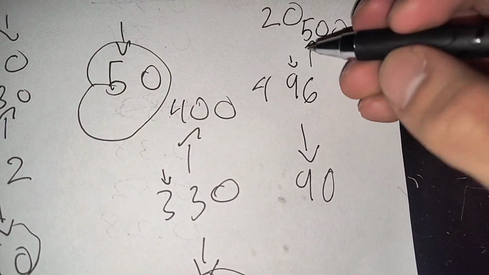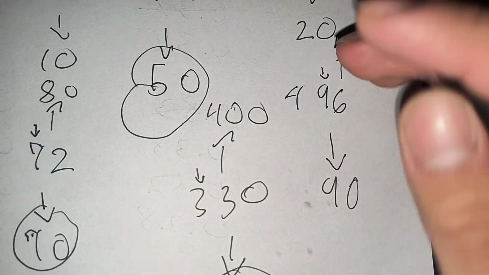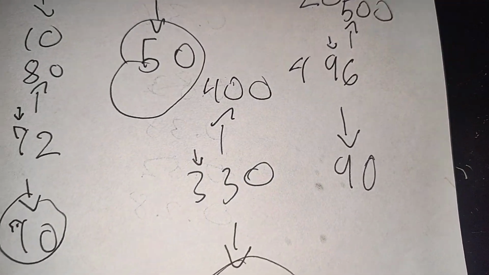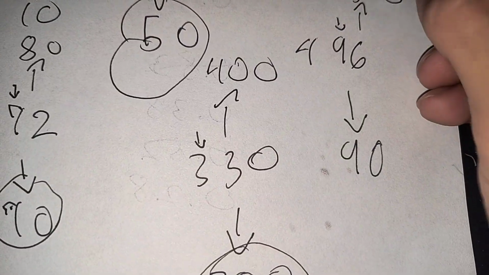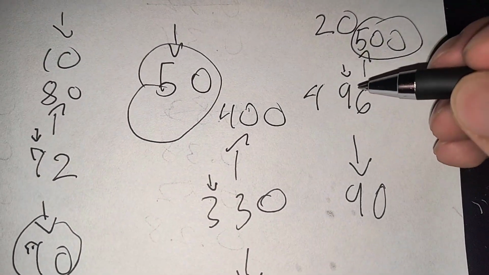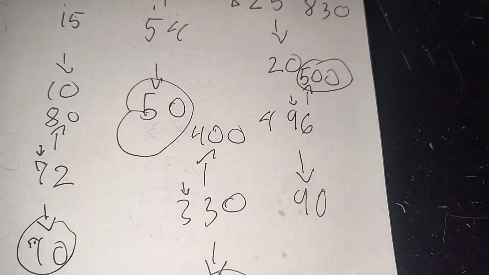It would be the next tens position, which would be 100. Well, it's closest to 500. It's 4 away from 500. So 496 rounded to the nearest tens would be 500.